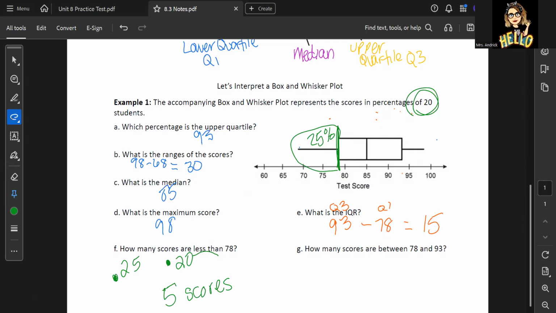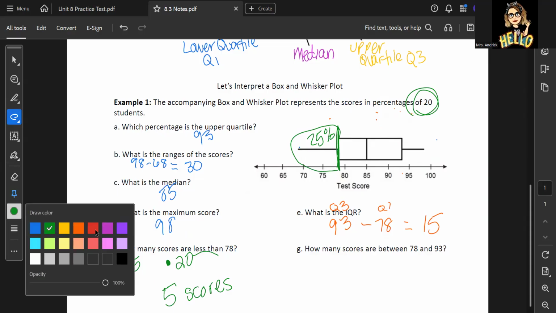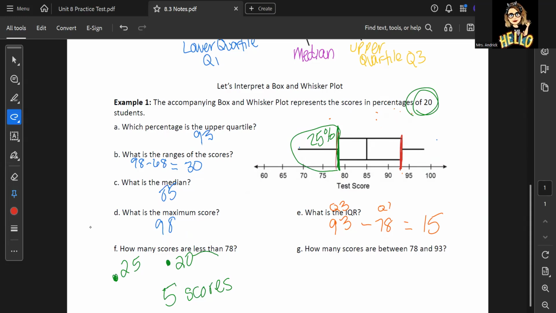Now we want to do how many people scored between 78 and 93. So let's figure out what part of the graph that is. That's 25% here, 25% here.